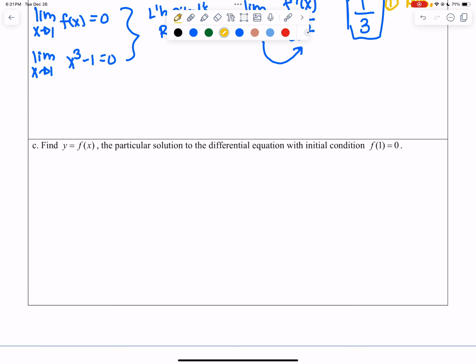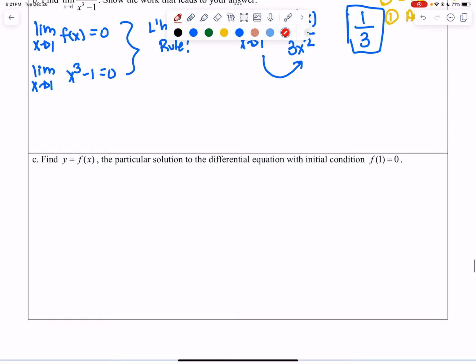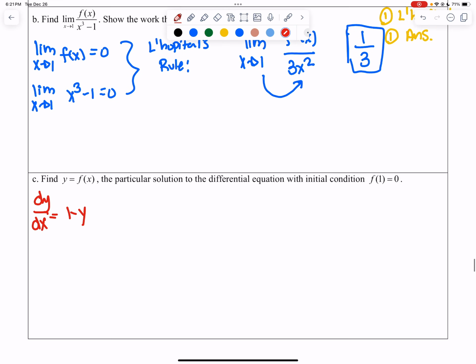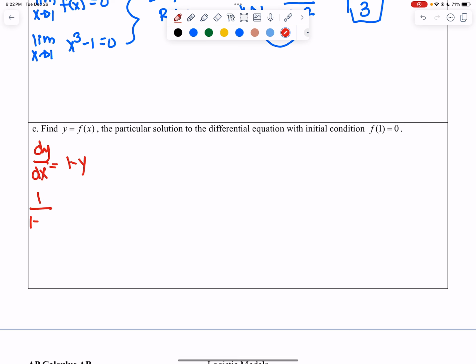All right, part C says find y equals f of x, a particular solution to the differential equation with the condition of f of 1 is equal to 0. So here we are going to be using separation of variables with dy/dx equals 1 minus y. We have 1 over 1 minus y dy is equal to dx. Integrate both sides.